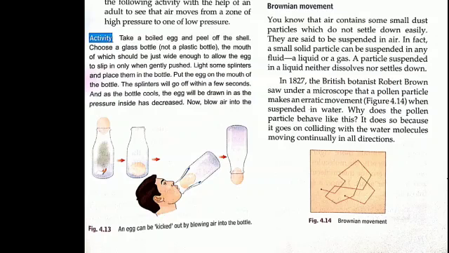So these pollen particles hit the water molecules, which continuously move in all directions. That is why the pollen particles make such an erratic movement when they are suspended in water.